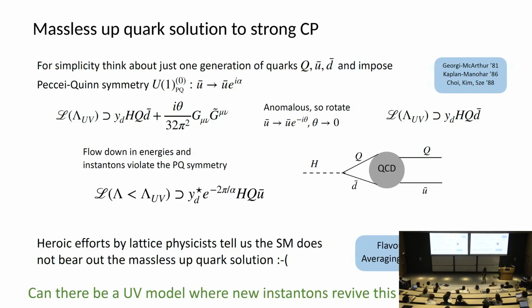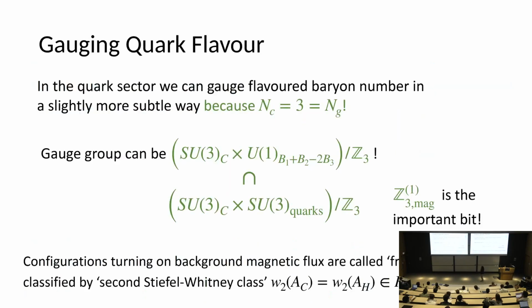So let's work analogously to the lepton sector, now in the quark sector, and think about gauging flavored baryon number. It turns out in the quark sector there is a slightly more subtle way you can do this, because of the funny fact that we happen to have the same number of colors of QCD and generations of quarks. They're both 3.